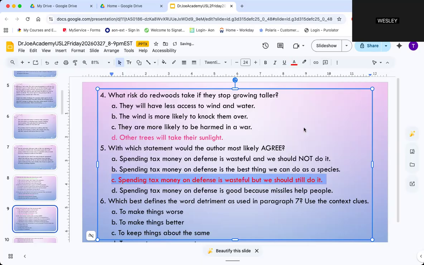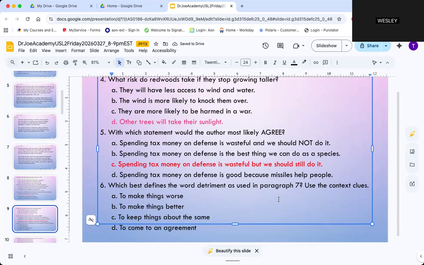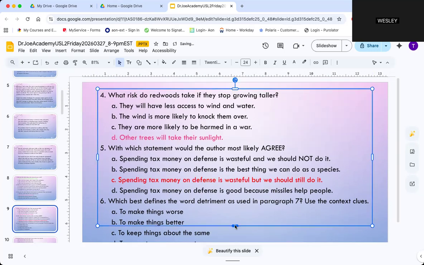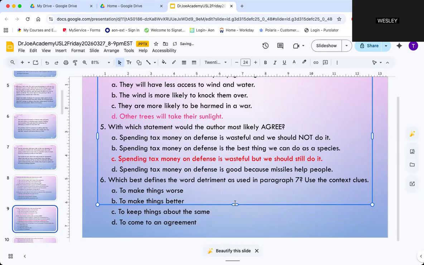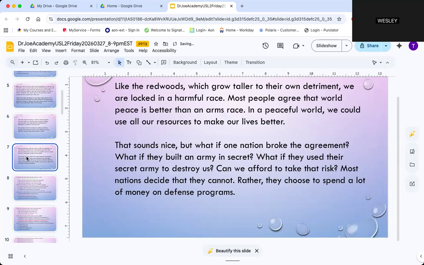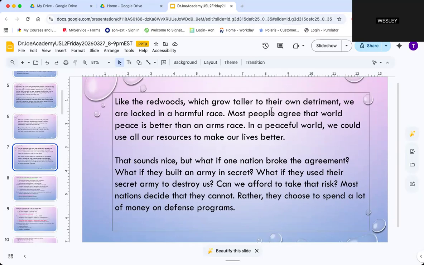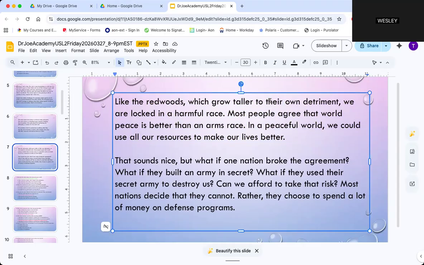Okay. Next, number six. Which best defines the word detriment in the use of paragraph 7? Let's go read it. Can you read this sentence? Like the redwoods, which grow taller to their own detriment, we are locked in a harmful race.